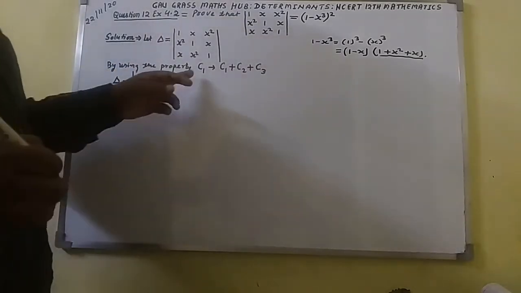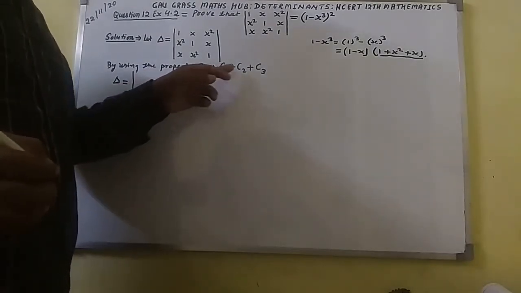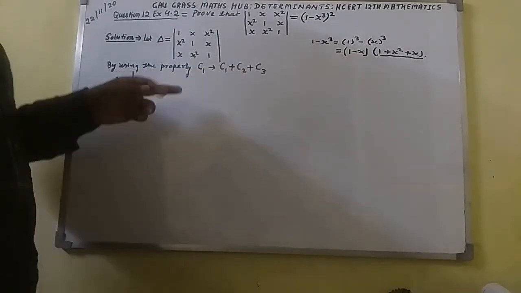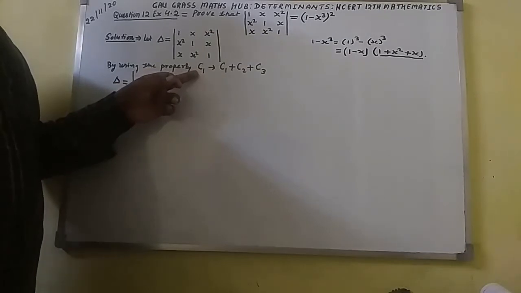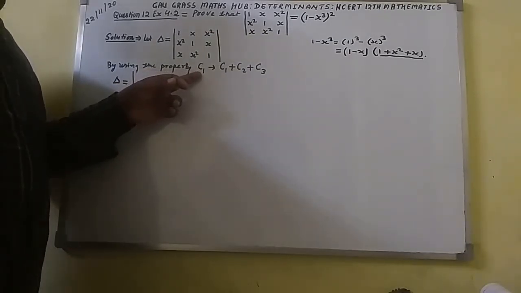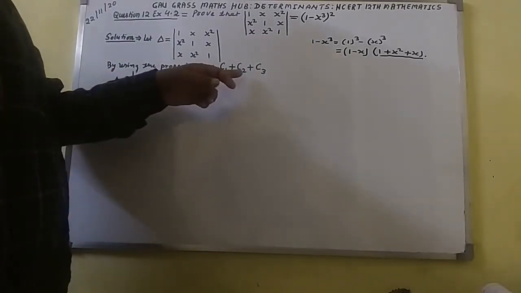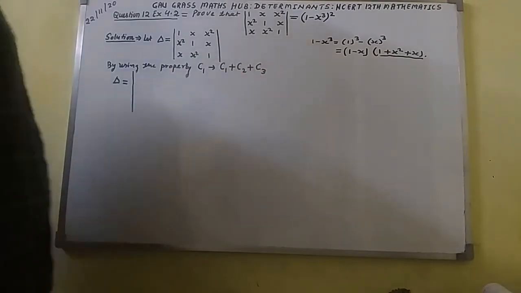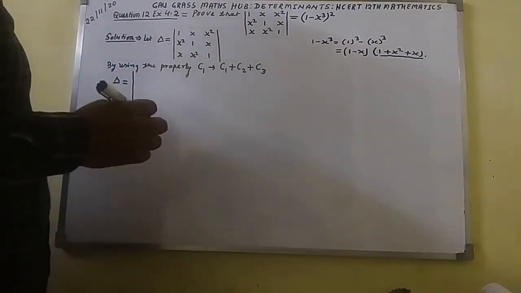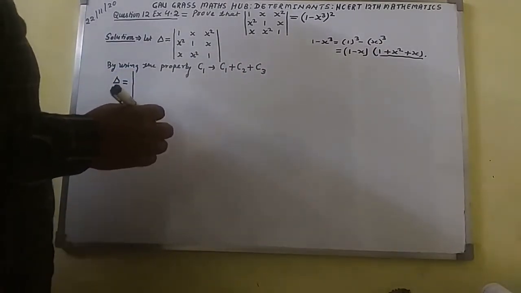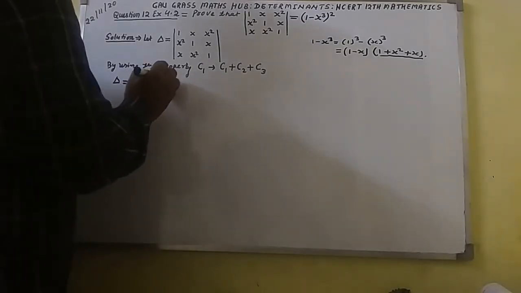This means that only changes will occur in the first column. There will be no changes in second column and third column. That's why second column and third column I shall write as it is.